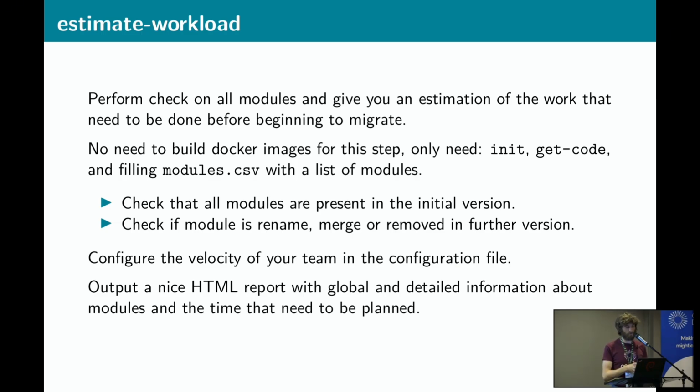That's a nice feature, but it's also very useful to check that all your modules are present in the initial version. So you run that, and it will list everything. If it doesn't find something, it will tell you. You will see it.